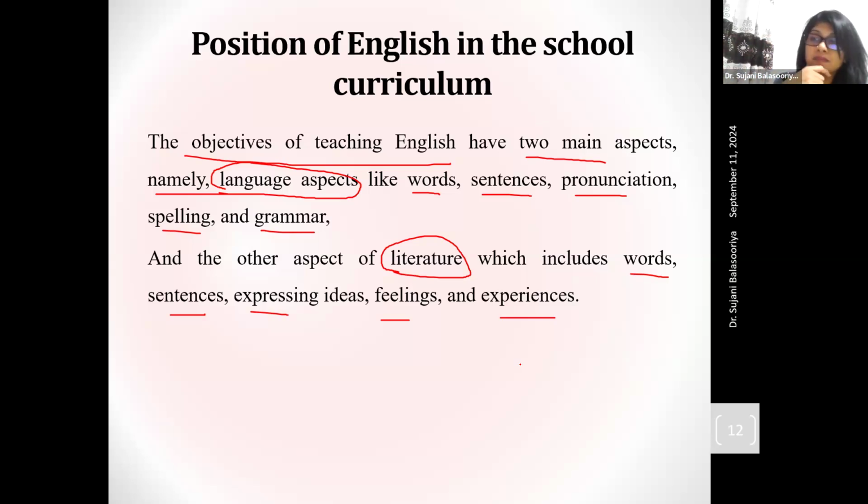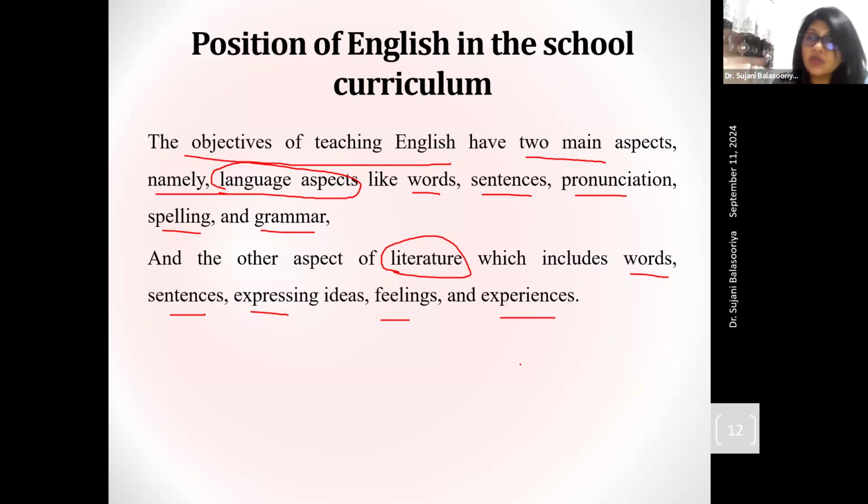And spelling, you know, teachers give dictations to the students with so many purposes. One purpose is to correct their spellings, to make sure that the students are using correct spellings all the time. And grammar. When we talk about the structure of language, grammar is another system. So these are the things the teacher normally teaches in the English class.